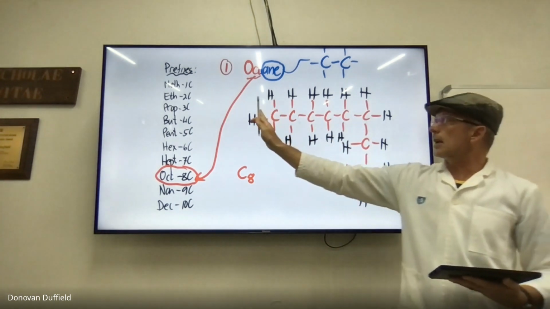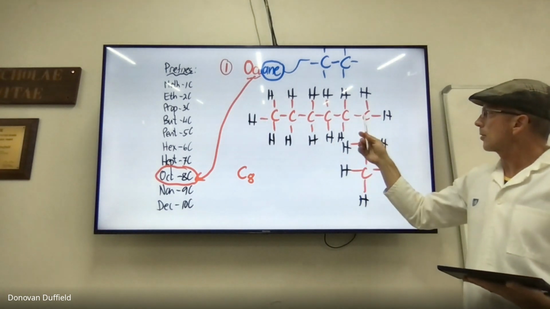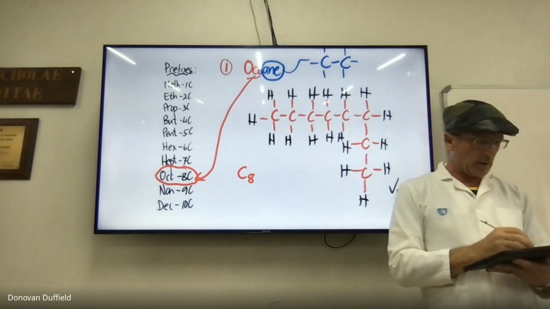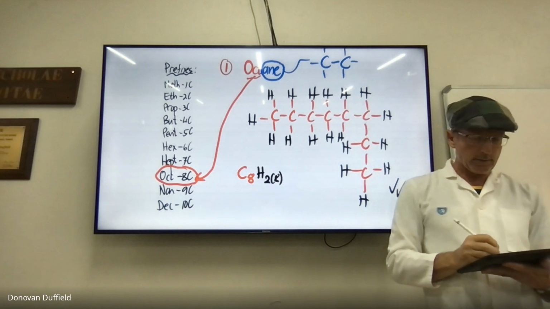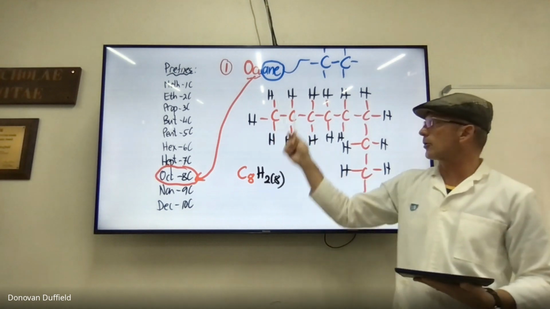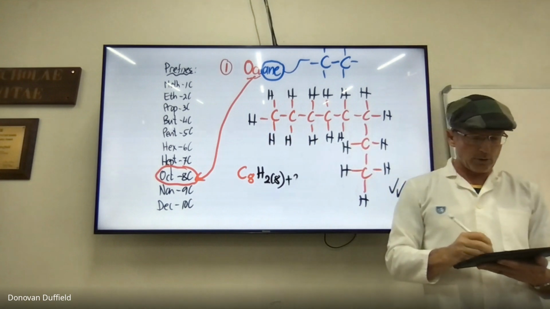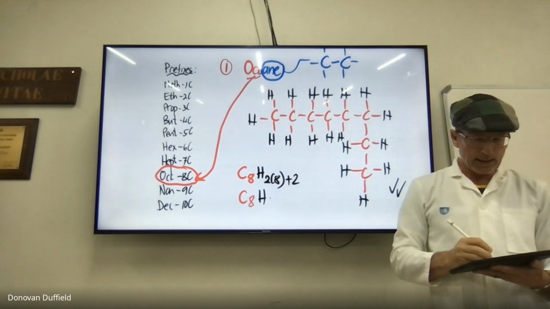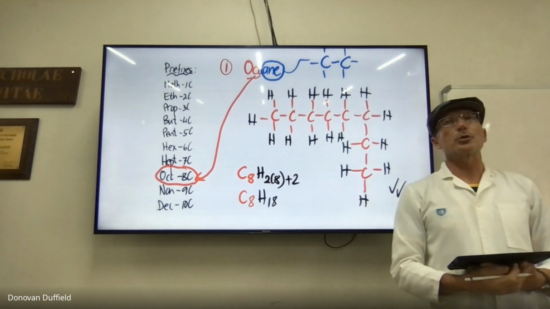If we take one hydrogen off each end, each carbon has 2. So the hydrogens is 2 times 8, because each of the carbons has at least 2 hydrogens. And then we must pop the hydrogens at the end on, and so we add 2. So that's going to be C8H18.